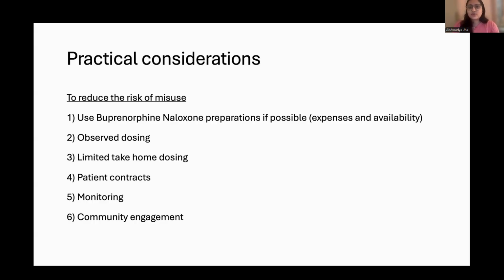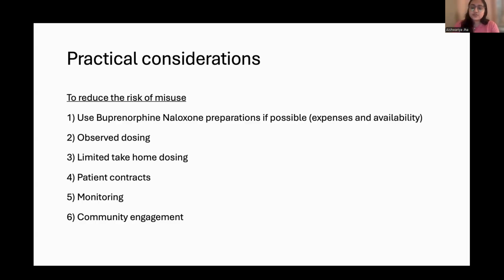And like I said, every OST center can have their own SOP in this regard. We are a much larger OST center, so our SOP might differ slightly. But overall, what we're looking at is making sure that the take-home dosing is fairly limited. Also look at patient contracts, which is something we need to start talking about as soon as we think about induction.